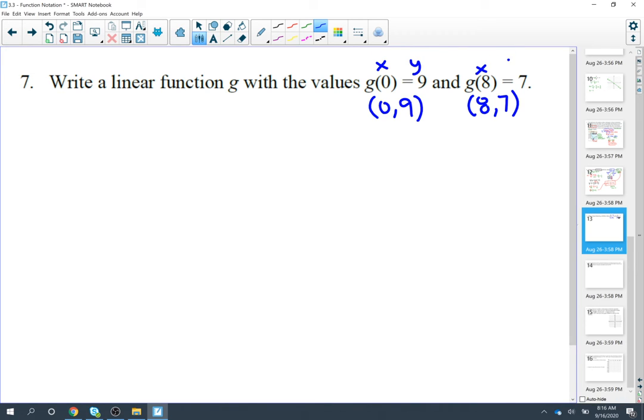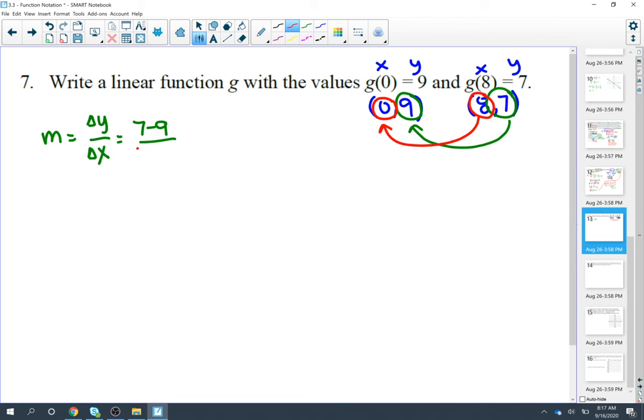The first thing I'm going to do is find my slope, which is the change in y over the change in x. If I find the change in y, I have a 7 and a 9. So 7 minus 9 over 8 minus 0.